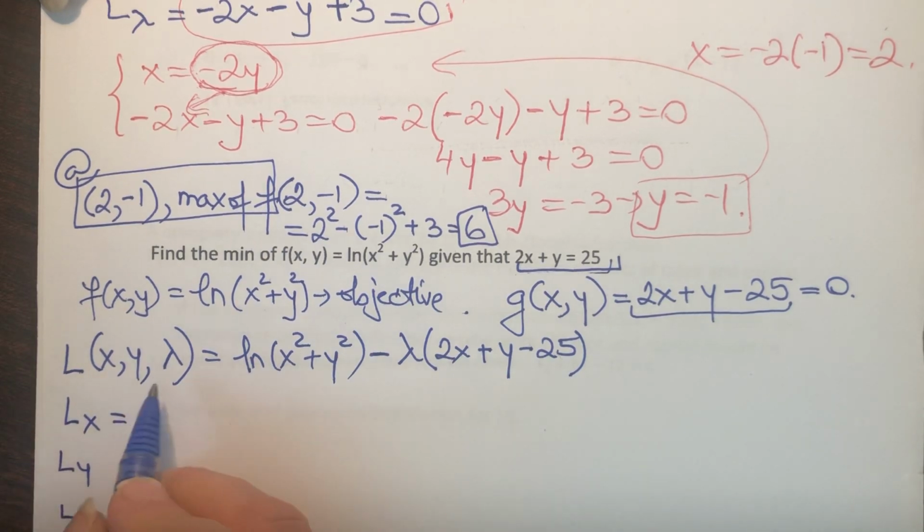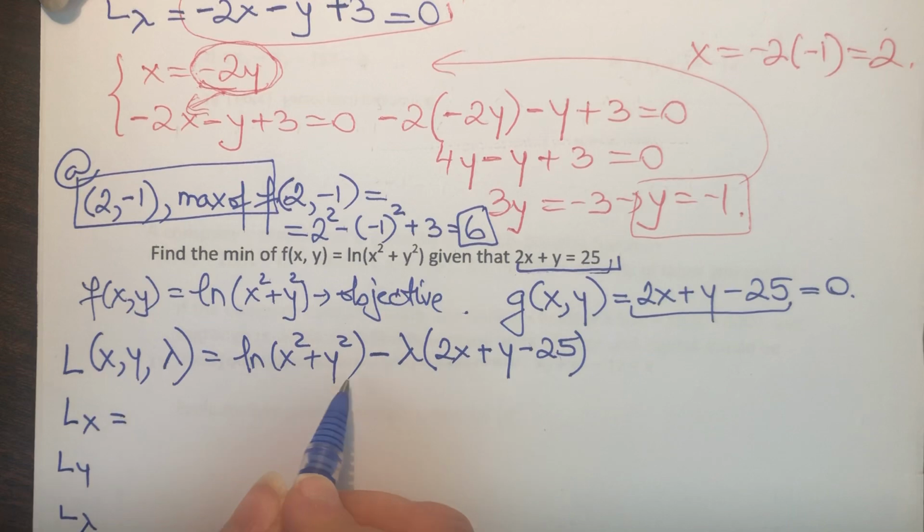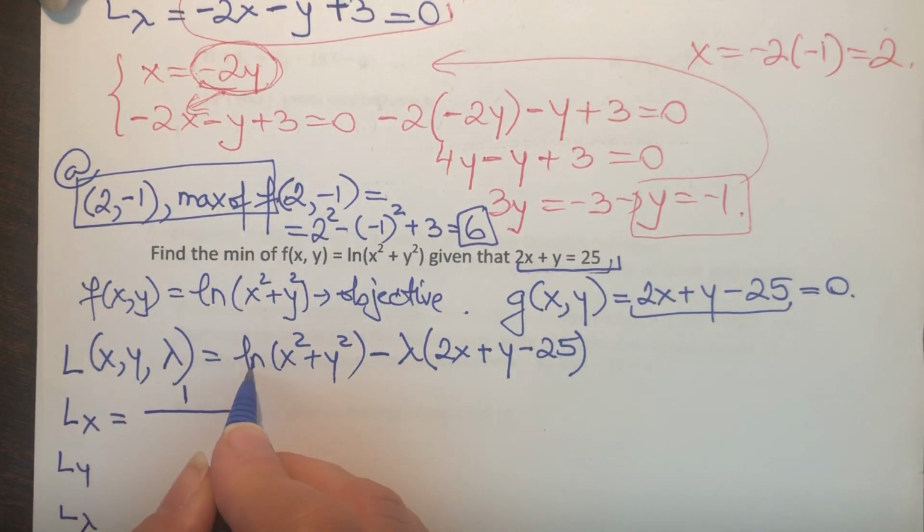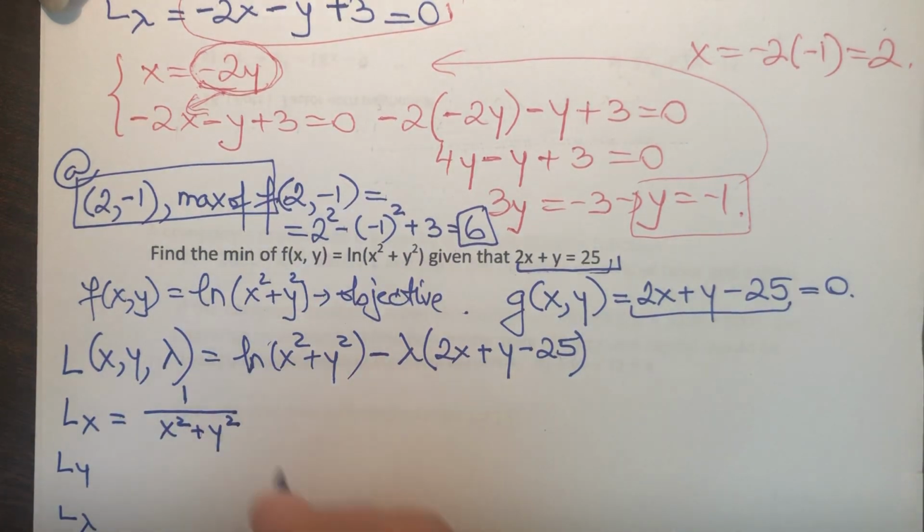Okay, so the derivative with respect to x, I'm going through this first term. It has an x in it. However, there's a natural log on top of it. So the derivative of an ln is 1 over whatever's inside that log times, move on to the parentheses.